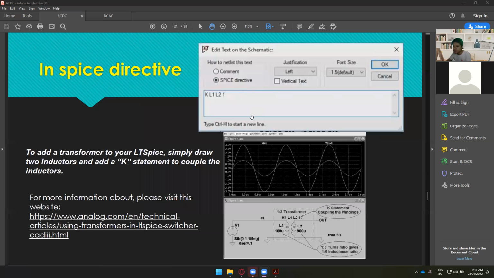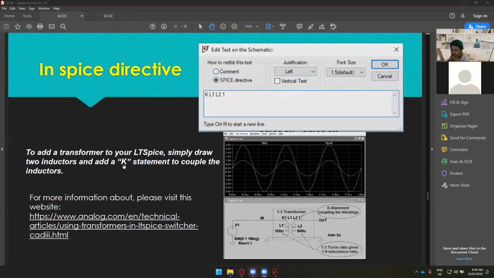And then we have here the configuration of your transformer. In here you have to add the K statement for the transformer itself: K L1 L2 1. K is the, what is this one again?